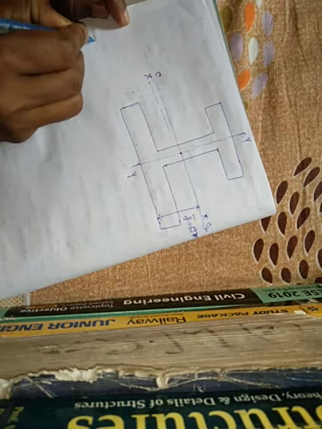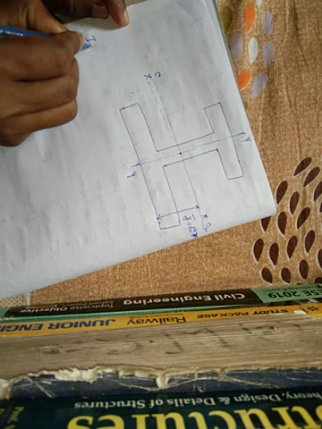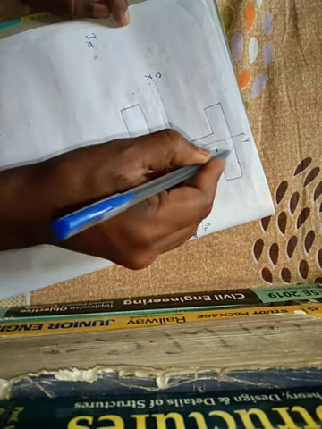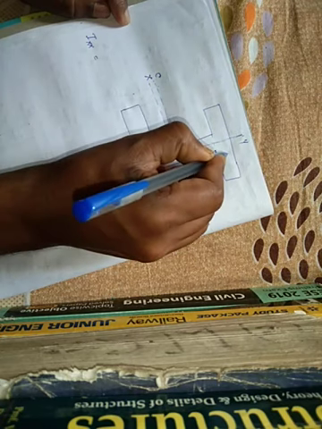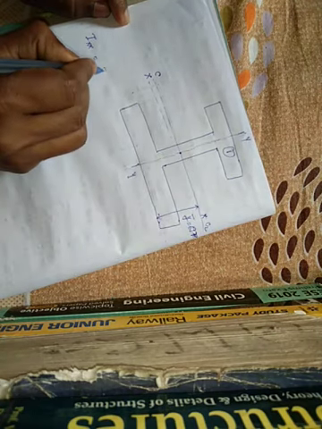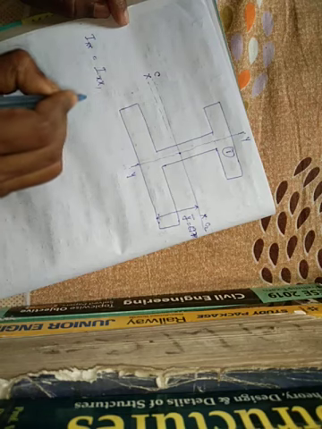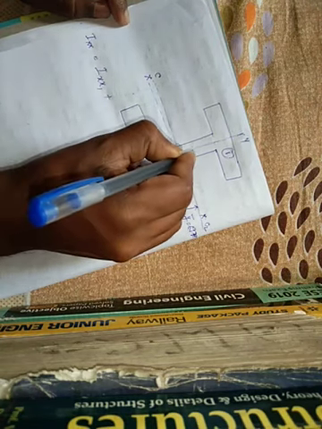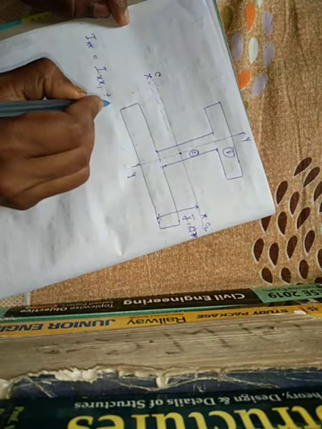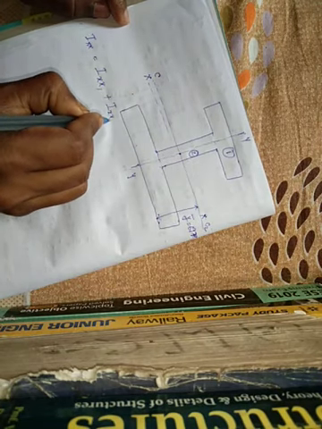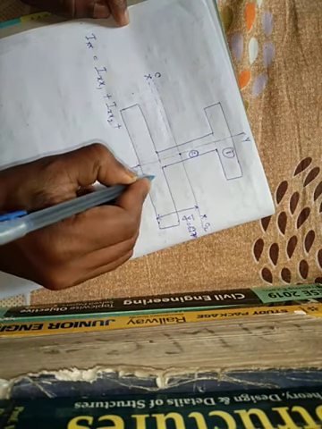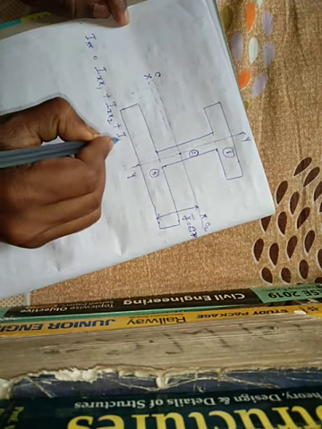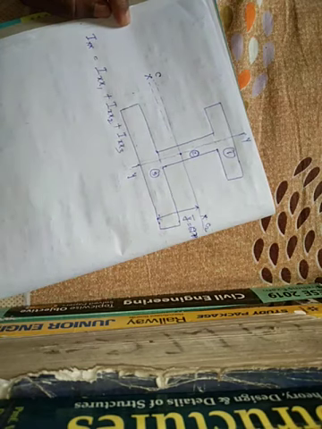About the x axis, Ix is equal to moment of inertia of top flange, I x1, plus moment of inertia of the web, I x2, plus moment of inertia of bottom flange, section 3, I x3.